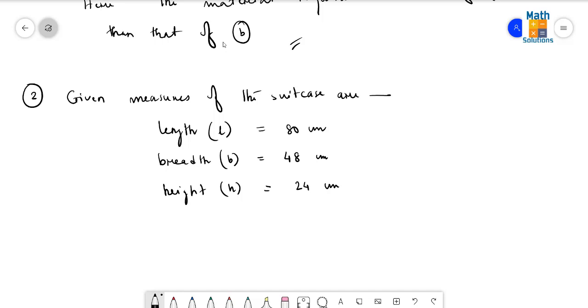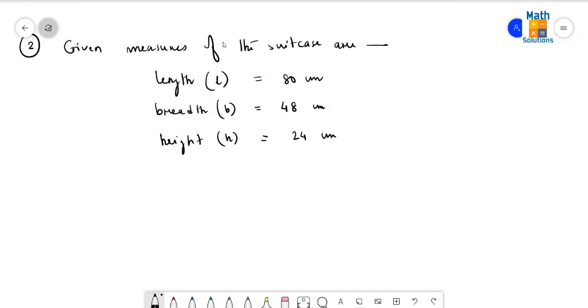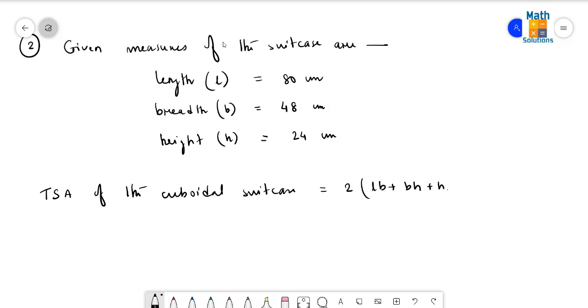So here what do we have? Total surface area of the cuboidal suitcase will be equal to 2(LB + BH + HL). So this is the way we have to consider 80 into 48 plus 48 into 24 plus 24 into 80 centimeter square.